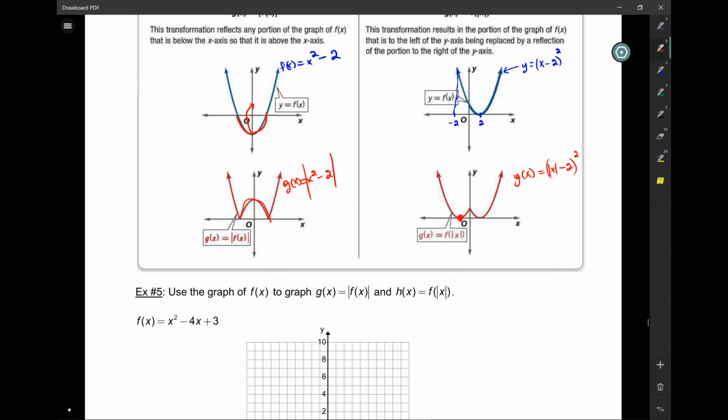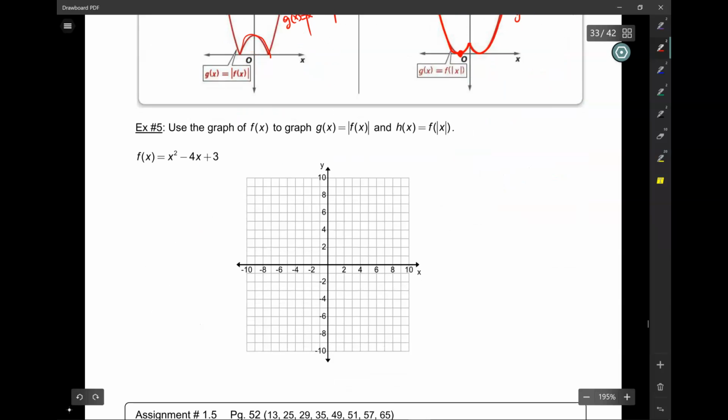So what you have to think about is this. When you have just the absolute values, it takes away anything in the negative x's, just takes it away. What have you got left? This much, right? It takes that and then multiplies it one more time. Okay, so it just takes that and mirrors it over.